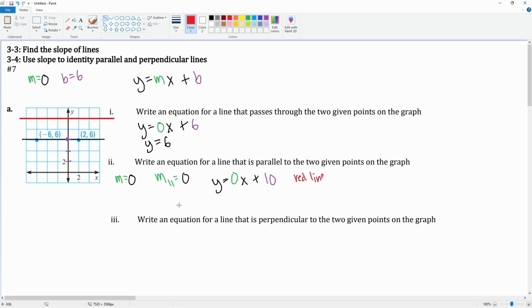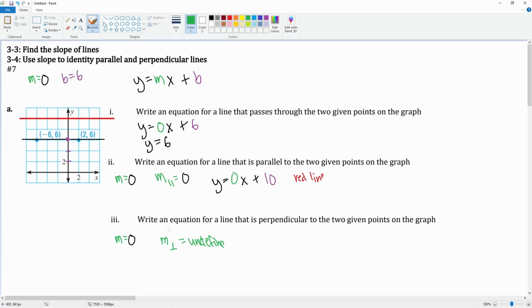Then we want to find its perpendicular slope. The original m is equal to 0. We want to find its perpendicular slope. This is weird: the perpendicular slope of 0 is actually undefined, because the opposite reciprocal of 0 is undefined.